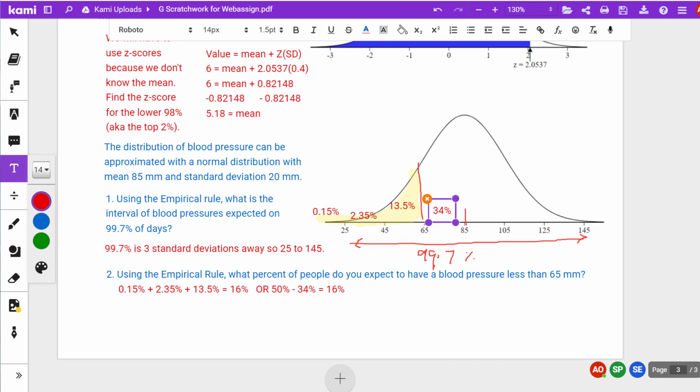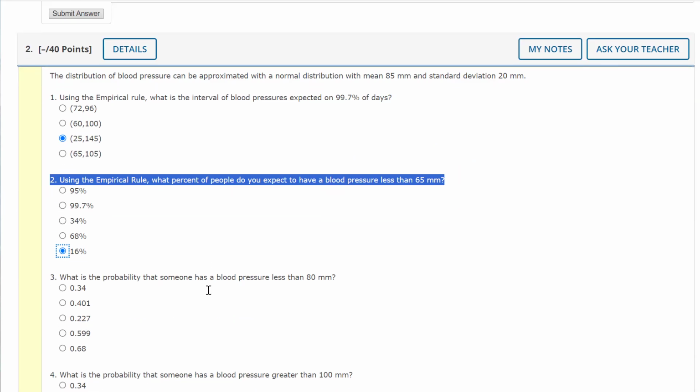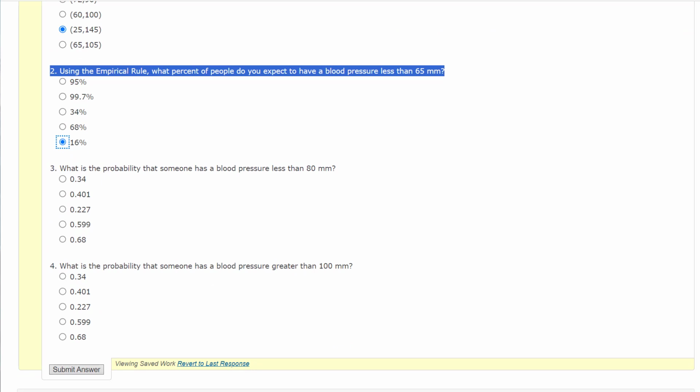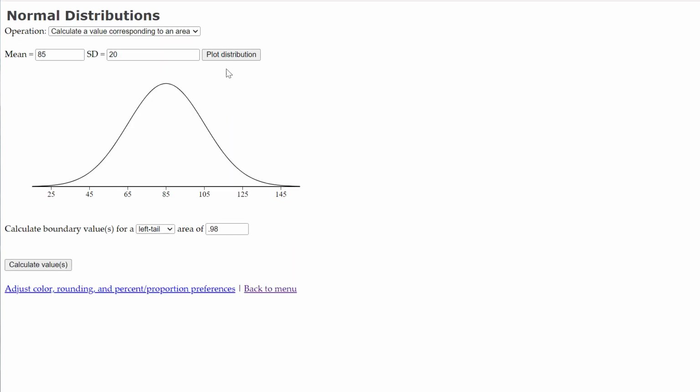Let's go ahead and go to the next question. We said 16%. Someone has a blood pressure less than 80. So let's take a quick look. Less than 80. Ooh, well, that's not a traditional one, so we're going to want to set up our Stapplet, and luckily we do. So we go less than 80. The other one was empirical rule.